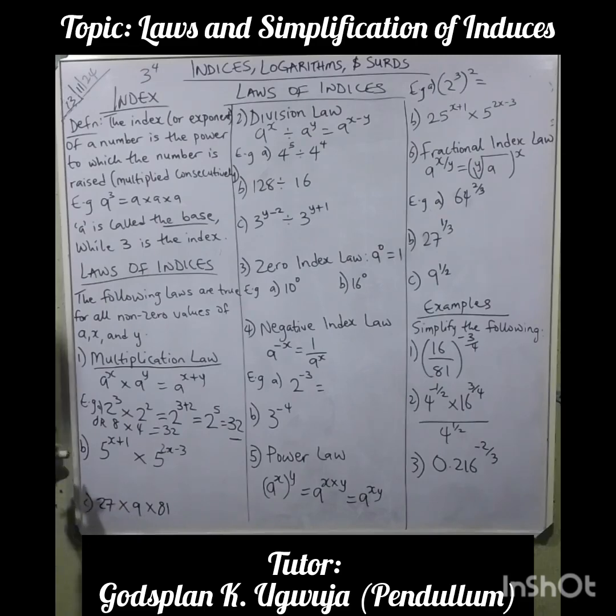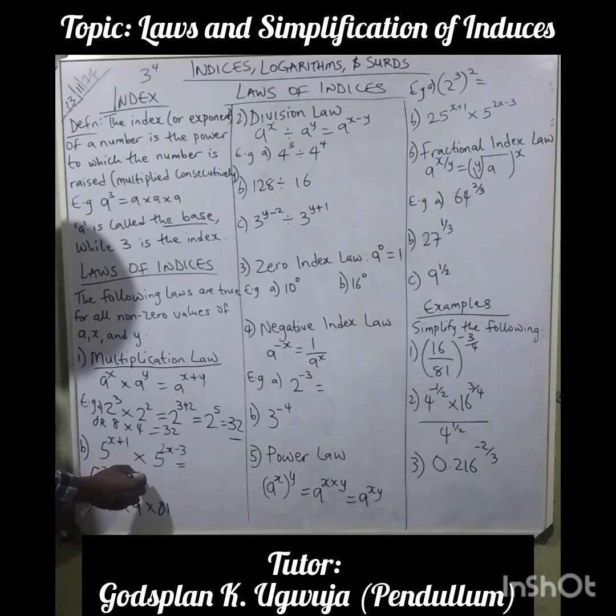So just remember, in a case like this, for instance, this is 5 raised to power x plus 1 multiplying 5 raised to power 2x minus 3. Now, what you look at: are the bases the same? Yes. Pick one of the bases, 5, and then you just add their powers. So you have x plus 1 plus 2x minus 3.